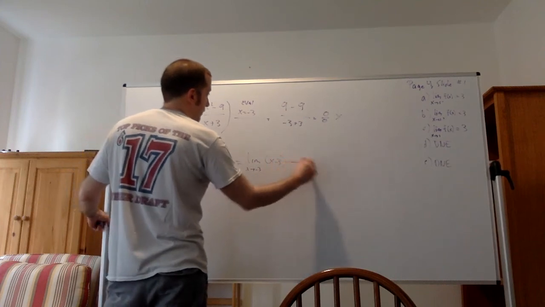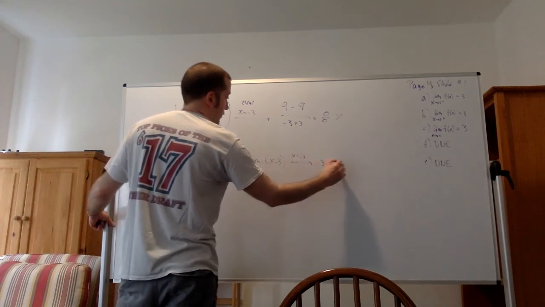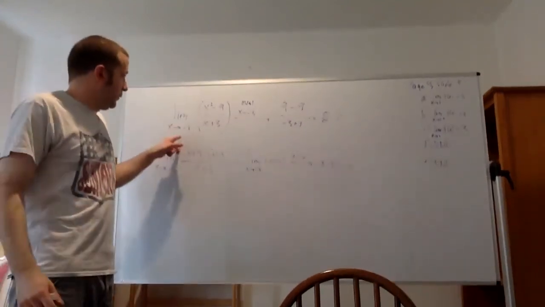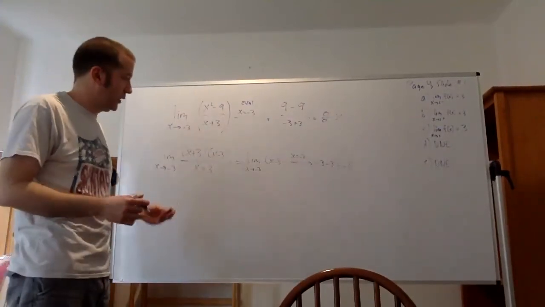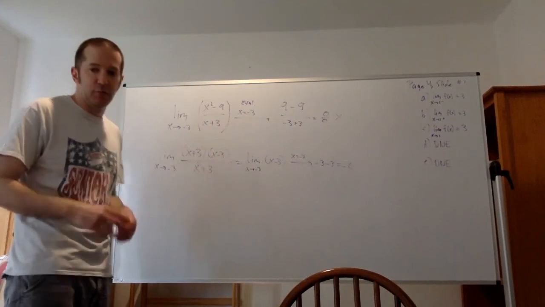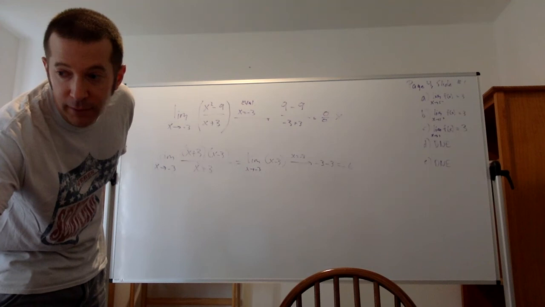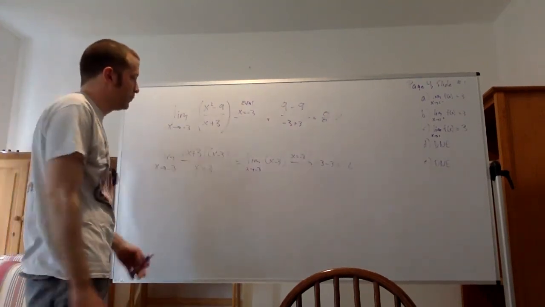And now I'm going to try my evaluation again. I get negative 3 minus 3, which is equal to negative 6. So for our original problem, the answer is negative 6. And we get there by doing some algebra to make it so that I can actually evaluate it at that point.